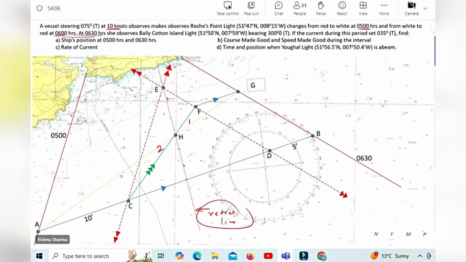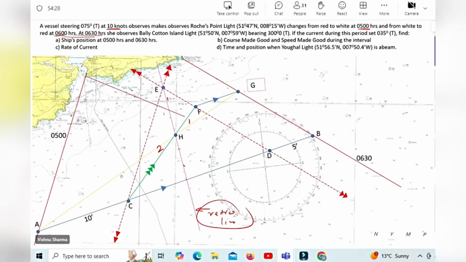Now is the time to draw the second PL, which is a sector boundary. And you see, this is the second PL, which has come up. And obviously the vessel is on the second PL. And as I said, the vessel is on the ratio line also.